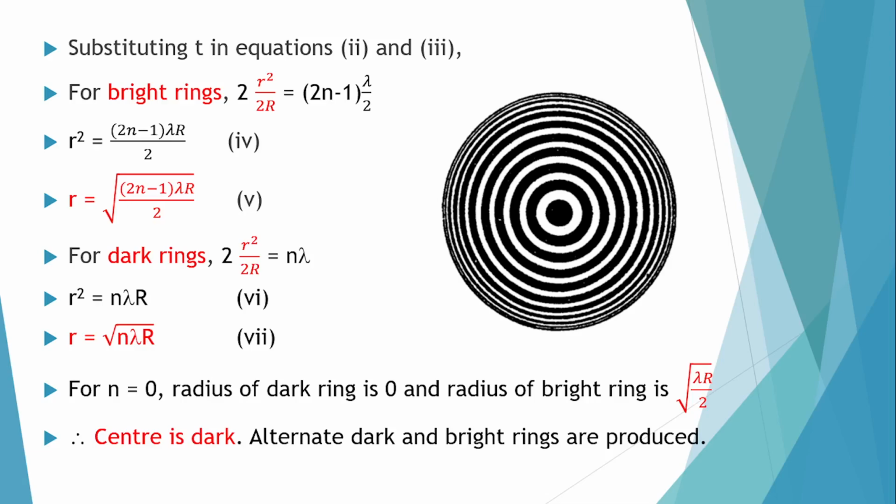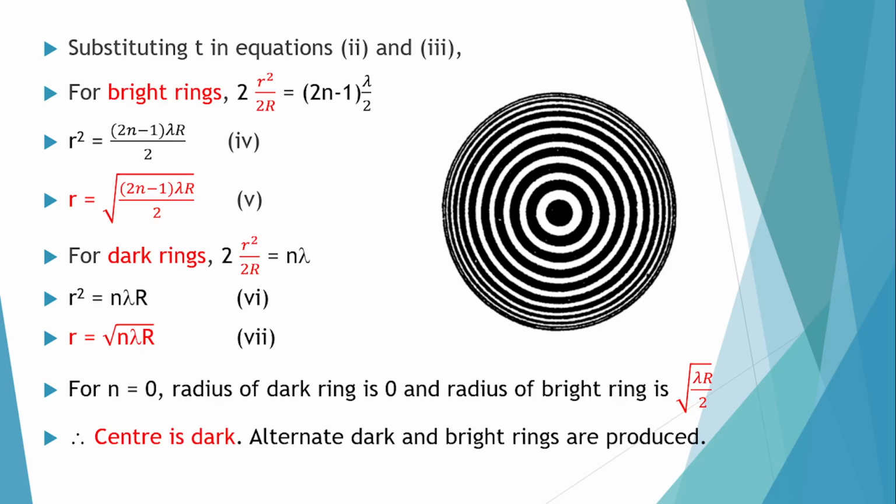For n equal to 0, the radius of the dark ring is 0, meaning the center is a dark patch. The center is not a dark ring as shown in the figure, and alternate bright and dark rings are produced. So remember that in the case of Newton's rings due to reflected light, the center is a dark spot or dark patch, and alternate bright and dark rings are produced for reflected light.